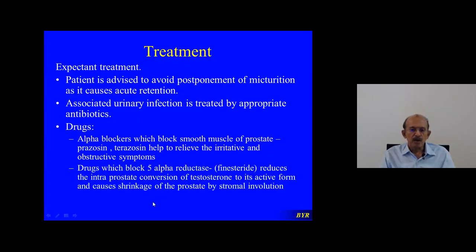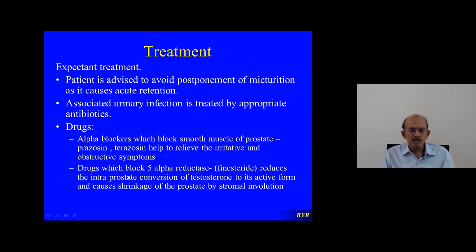Drugs which block 5-alpha reductase. We have seen 5-alpha reductase is the enzyme which converts testosterone into dihydrotestosterone. Dihydrotestosterone is the active form of the testosterone which causes stimulation of the prostatic parenchyma. So you block the 5-alpha reductase enzyme.